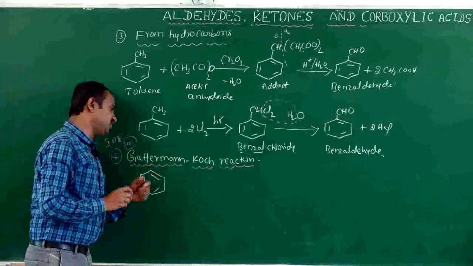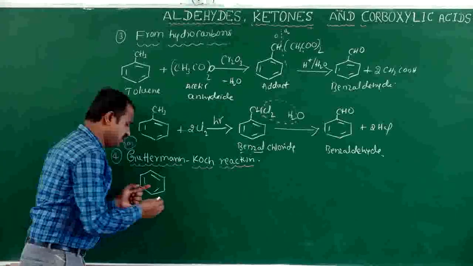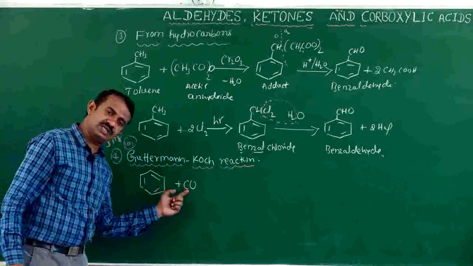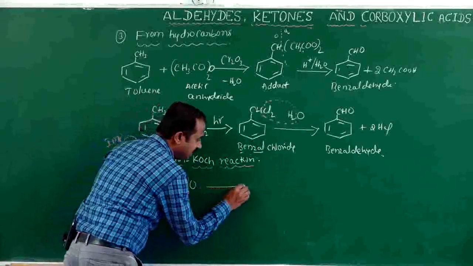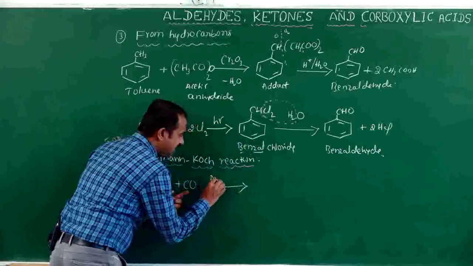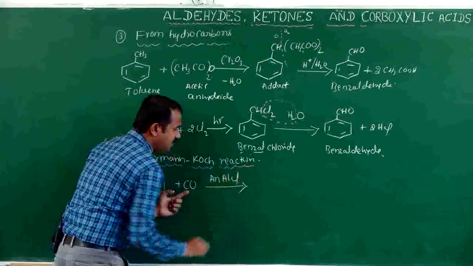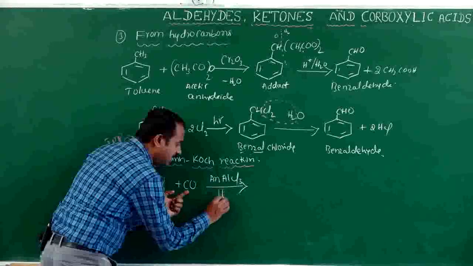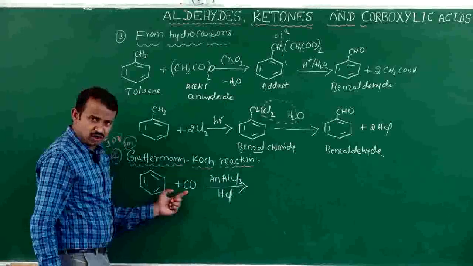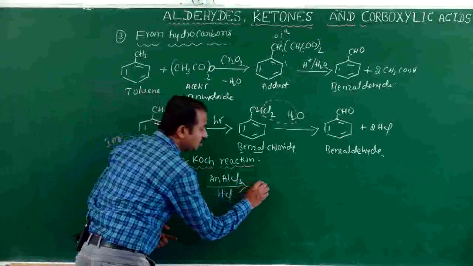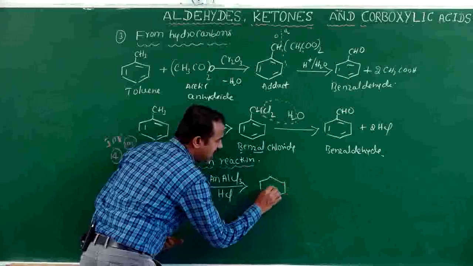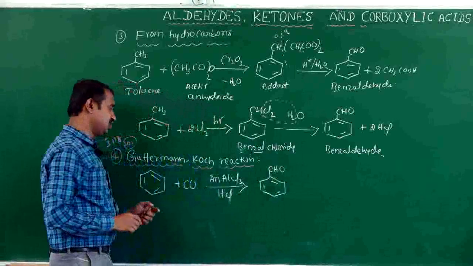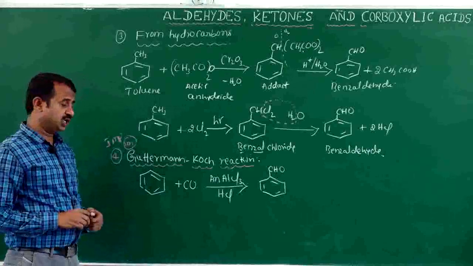The definition is: when benzene reacts with carbon monoxide in presence of anhydrous aluminum chloride and concentrated hydrochloric acid to form benzaldehyde, this reaction is called the Gattermann-Koch reaction.